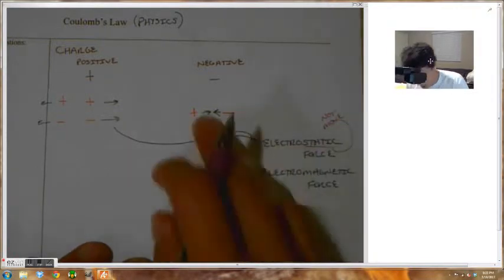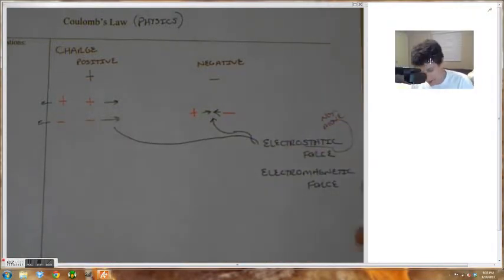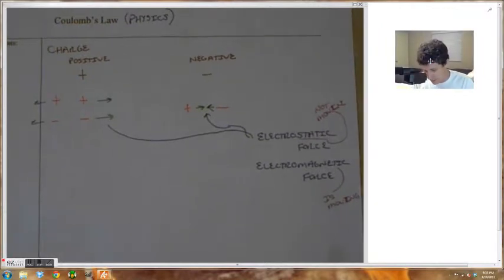If you have a charge that's not moving, then it creates no magnetic field, so therefore you have no magnetic portion. A charge that is moving creates a magnetic field as it moves, and therefore creates a magnetic force as well as an electrostatic force. So you kind of have both to deal with.